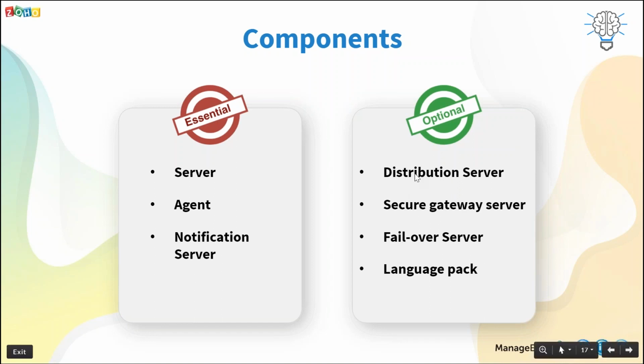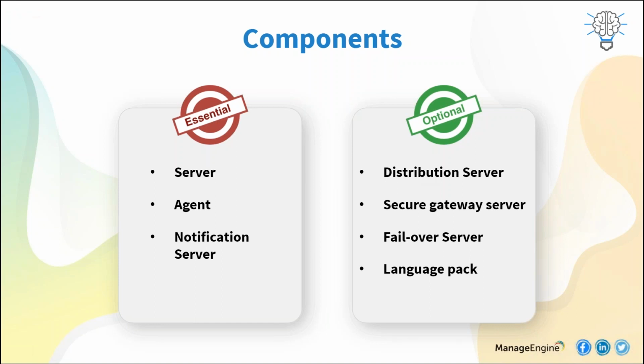Distribution server is installed in branch offices and to a great extent helps in the optimization of bandwidth. In this case, the distribution server contacts Desktop Central server instead of the agents contacting the central server directly. Here's a quick example.